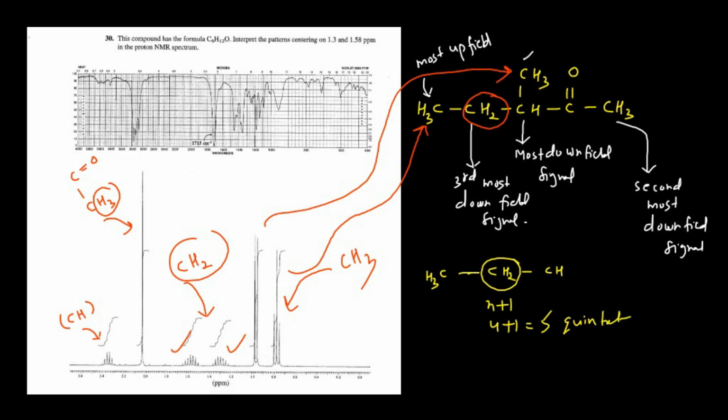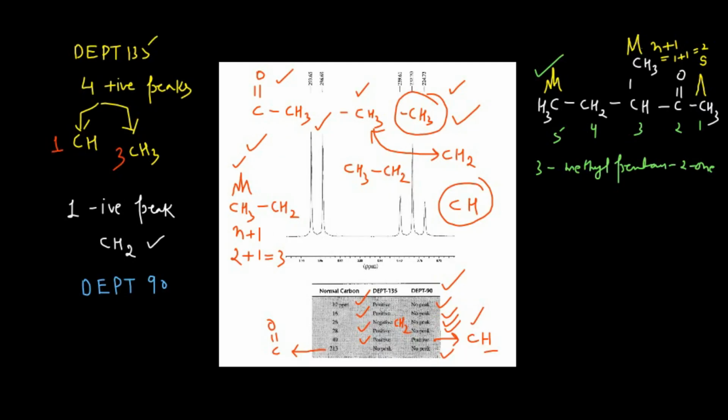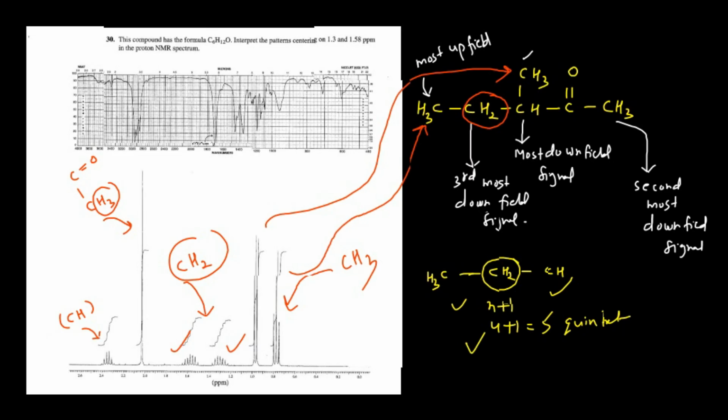But this is possible only when these two coupling constants are exactly the same or identical. They are not identical, but they are somewhat similar. So it means that you will not get a quintet, you will get some other splitting pattern. So what is that other splitting pattern? We need to decide this thing.